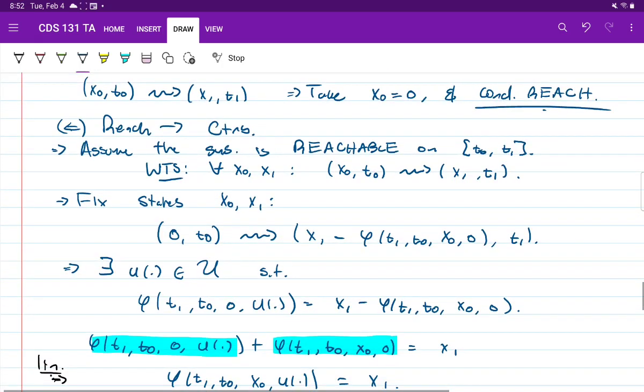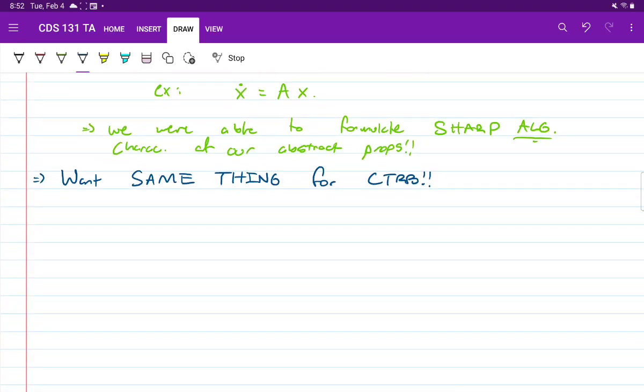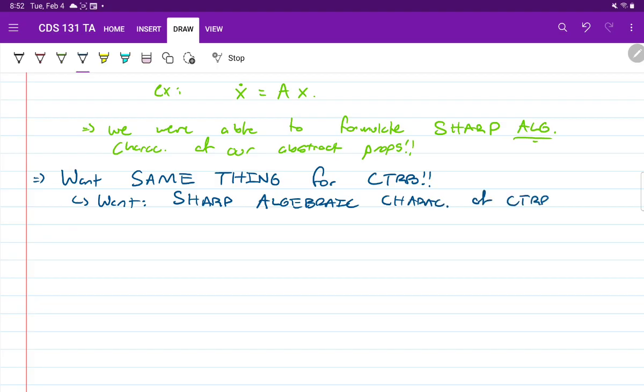So what we'd really like is tests for controllability or reachability that are as easy to check as something like an eigenvalue condition. That was super easy for stability, okay? If we could get something like that, that would be great. So what we want is sharp algebraic characterizations of controllability.